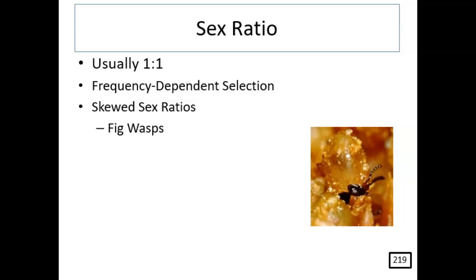So let's imagine that you're a female fig wasp, and you make it into that fig, and you're the only one that makes it into the fig. Right? In that situation, it would make sense for that female fig wasp to produce a lot more daughters than sons. The reason being, the more daughters she produces, the more offspring that she has. Right?